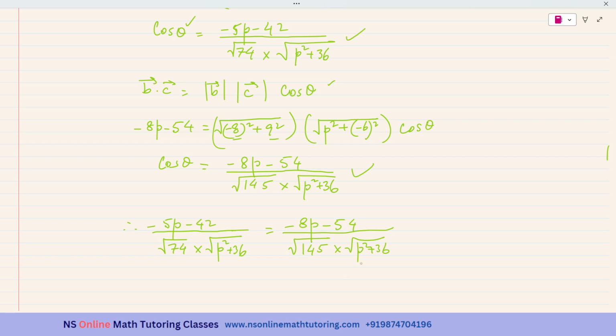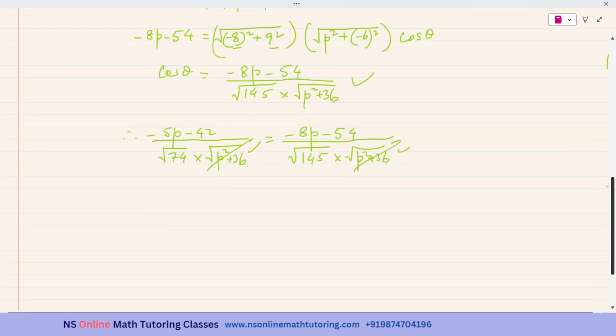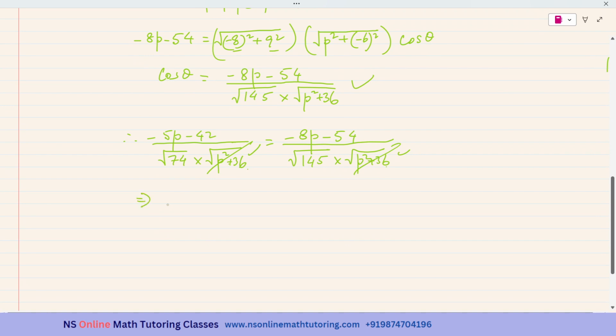Okay, and the square root of p squared plus 36 is present on both sides of the equal to sign. So if I multiply both sides by square root of p squared plus 36, these two will cancel. So I just get rid of that, and it is minus 5p minus 42.